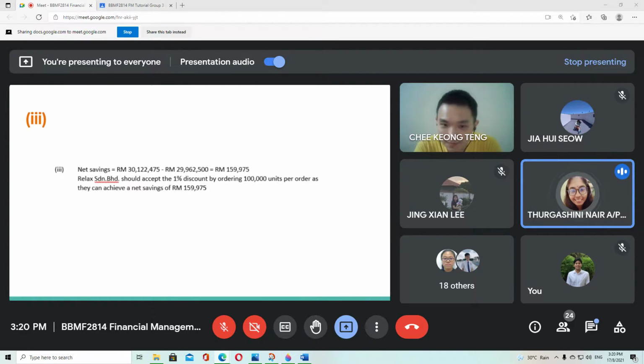So the net saving for Relax Sendirian Berhad is 159,975 ringgit. So in conclusion, Relax Sendirian Berhad should accept the 1% discount by ordering 100,000 units per order as they can achieve a net saving of 159,975 ringgit. Okay, very good.